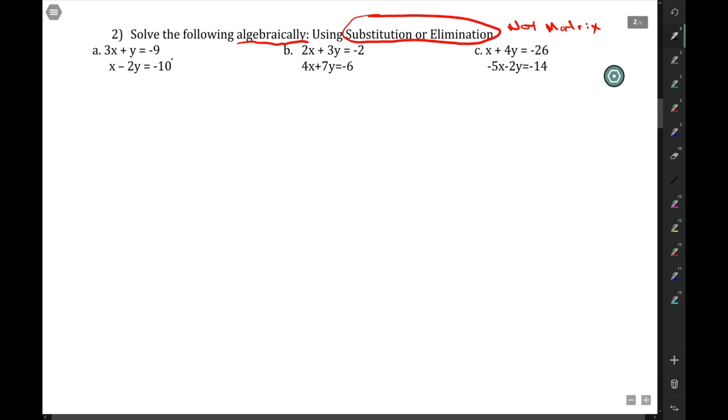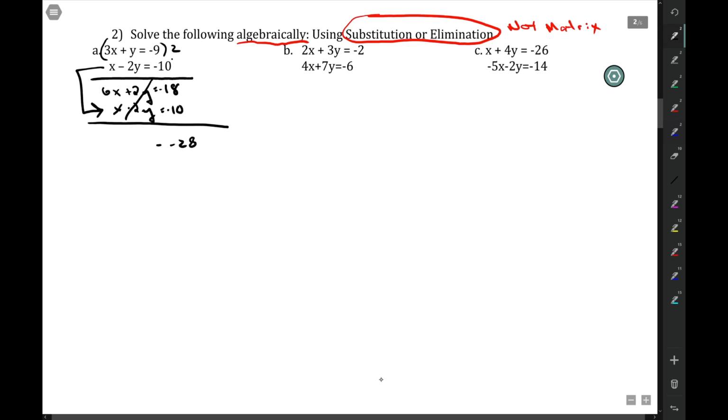So I myself, I'm going to use elimination. I'm going to multiply the top by 2. Okay, that makes it 6x plus 2y equals negative 18. X minus 2y equals negative 10 from the previous. And just shake and bake that, giving me negative 28. Cancels out, equals 7x, divide by 7, x equals negative 4.